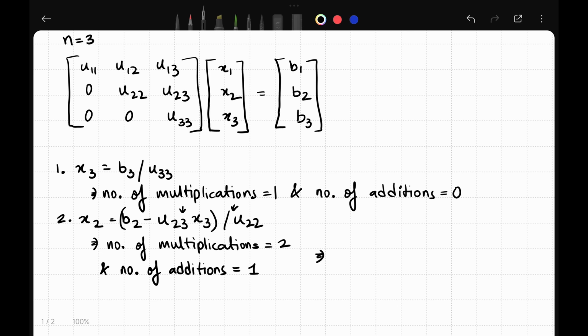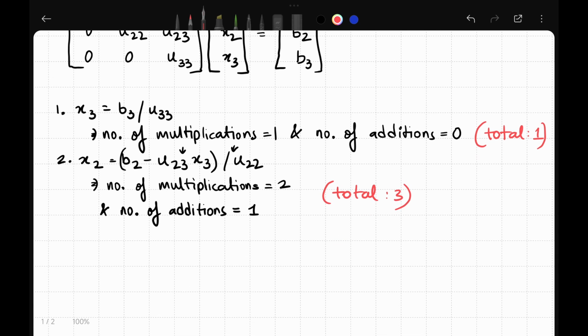So let me write the totals in a different color.